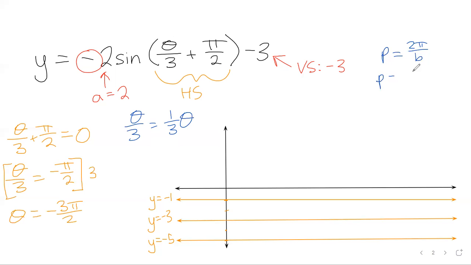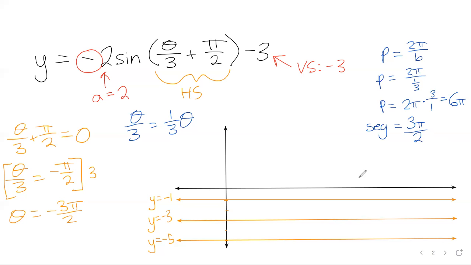So the period is 2 pi over 1/3. If we want, we can set this up like fraction multiplication. So 2 pi, flip and multiply, times 3 over 1. So the period is 6 pi. And then each segment is 1/4 of that. So 6 pi over 4 is 3 pi over 2.